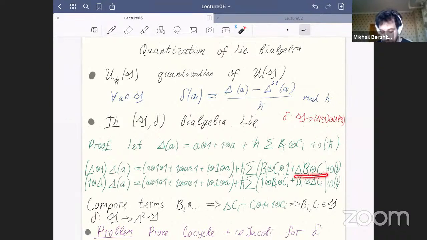This is delta of bi times. Similarly, we compute this row. So we apply delta to the second factor here, these terms, and get the same classical part. Actually, I don't know why I wrote this classical part, because we know that the classical part should be the same on both sides. What is important for us is the first non-trivial term in h bar.